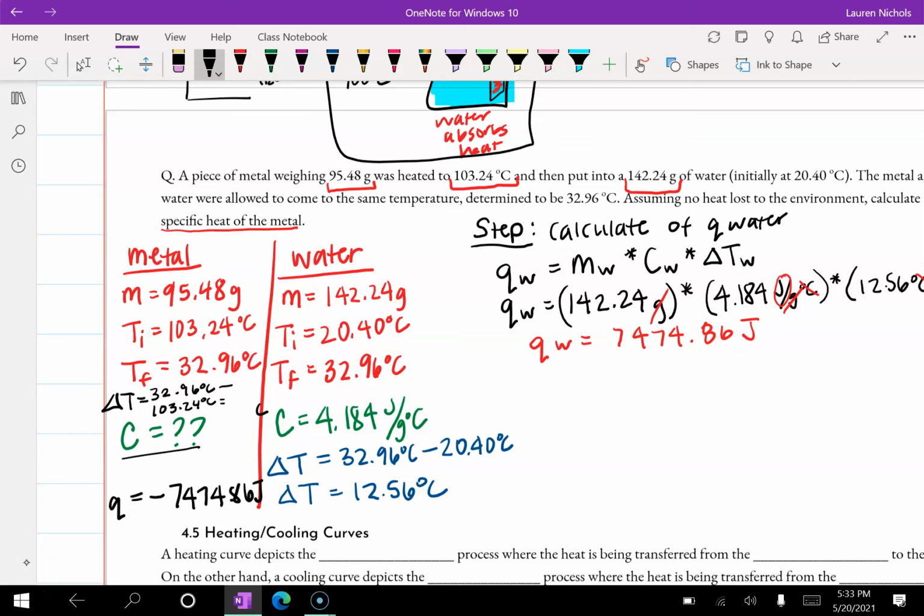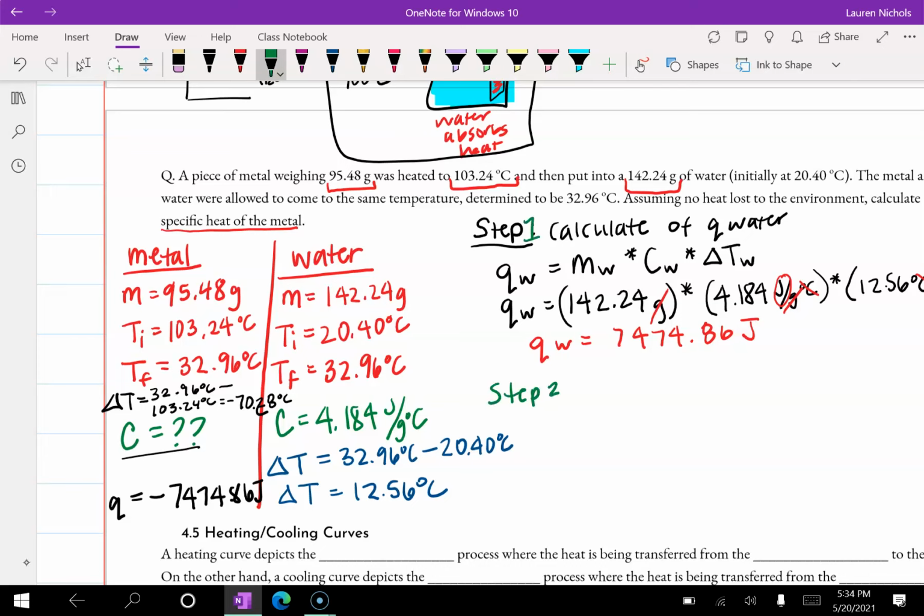Now, the way I caught my mistake was I knew that my metal was cooling down, so I should have had a negative change in temperature. When you subtract it that way, you get the same number, just a negative 70.28 degrees Celsius.